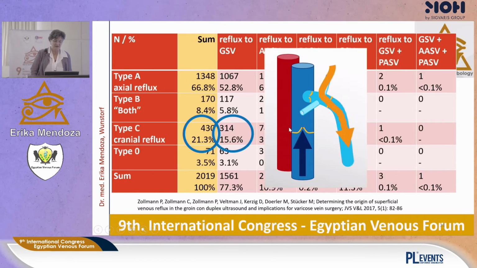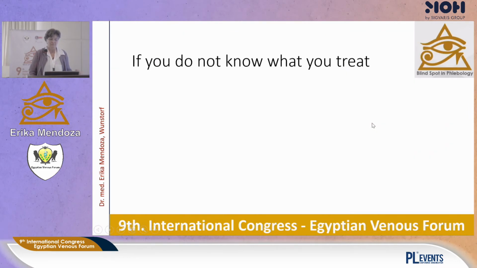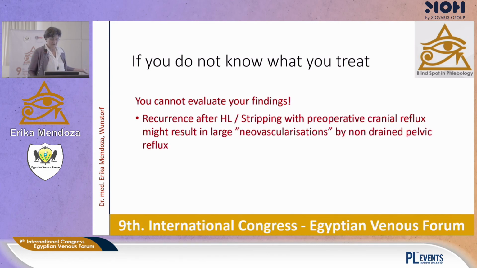Type C, cranial reflux, overall 21%, 50% draining into the great saphenous vein. So if you don't know what you treat, I mean, not you, but if you read the studies and you don't know what has been treated there, you cannot evaluate the study findings.